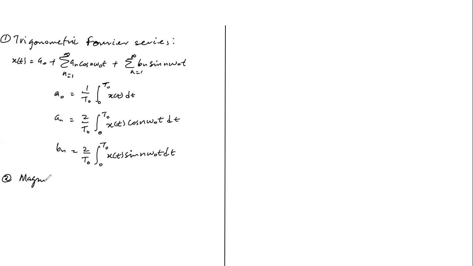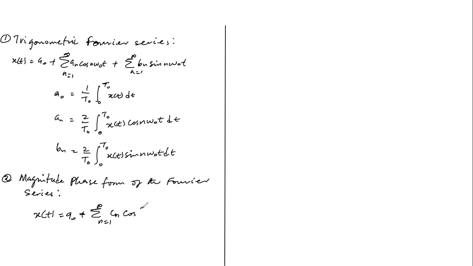So the magnitude phase form of the Fourier series is given by s of t equals a0 plus the summation to infinity of cn cos n omega t plus phi n.